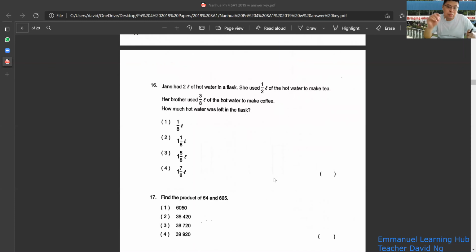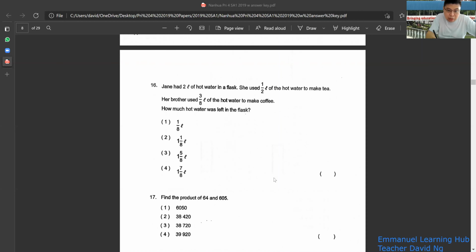Okay, you try 16. Number 1. No. Was left in the flask. 1 over 8.